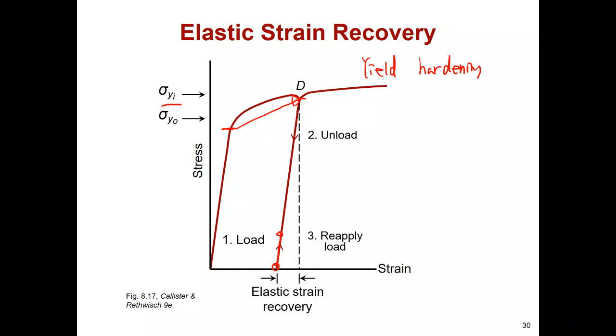So when you do those kinds of loading and unloading cycles, the elastic range is increased. That is why, when you make a sword or knife, many dwarfs hit the knife with a hammer.